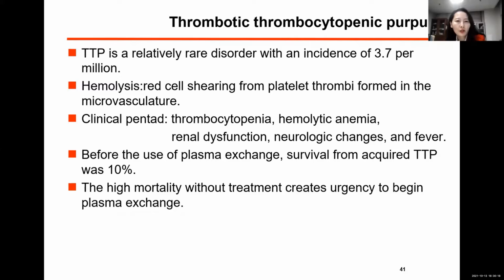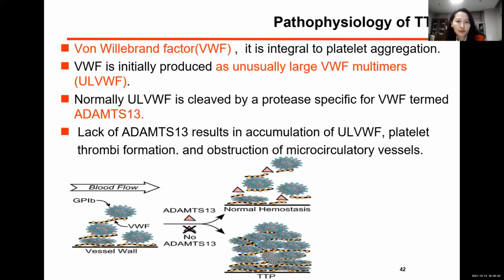Clinical features: thrombocytopenia, hemolytic anemia, renal dysfunction, neurologic changes, and fever. Before the use of plasma exchange, survival from acquired TTP was 10%. The high mortality without treatment creates urgency to begin plasma exchange.